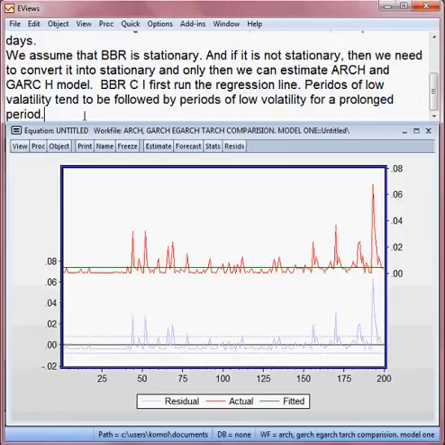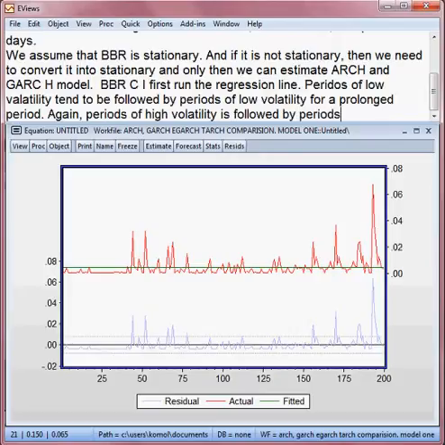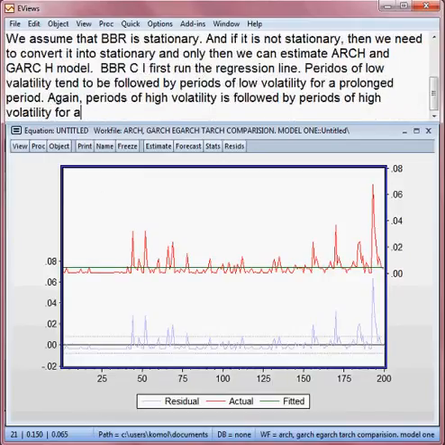Okay, again the periods of high volatility is followed by periods of high volatility for a prolonged period.